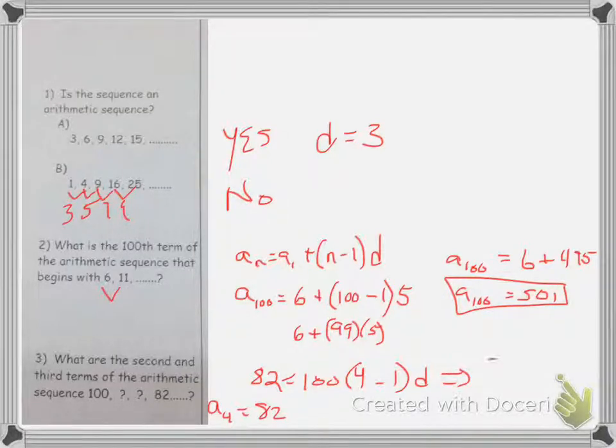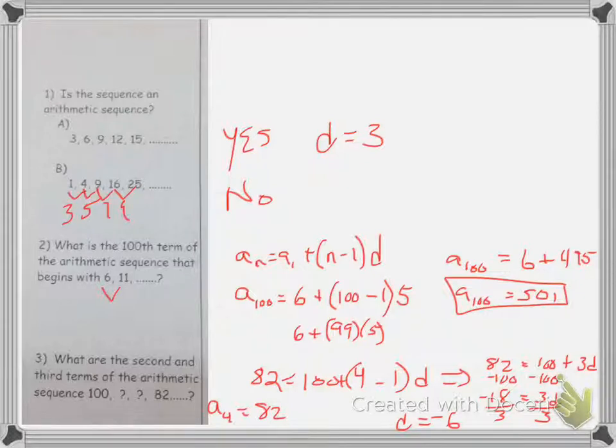So I have 82 is equal to, there should be a plus in here, 100 plus, and 4 minus 1 is 3, so that's 3 times D. And now I can solve it. Subtract 100, I get negative 18 is equal to 3D, divide by 3, and my common difference is equal to negative 6.